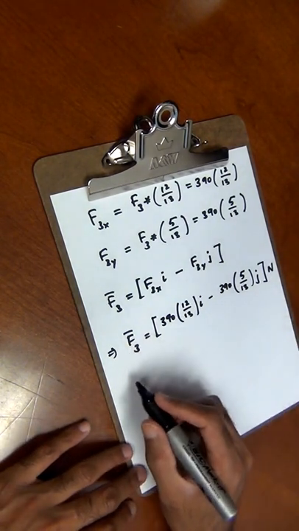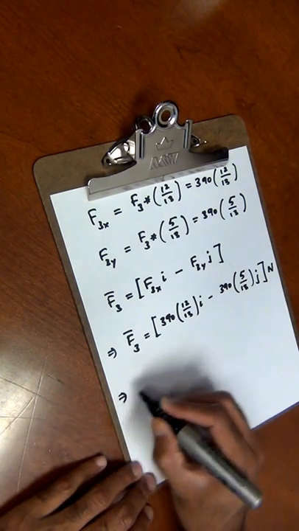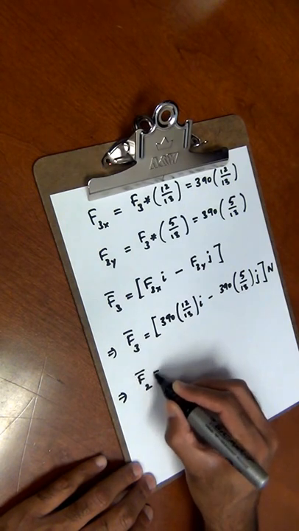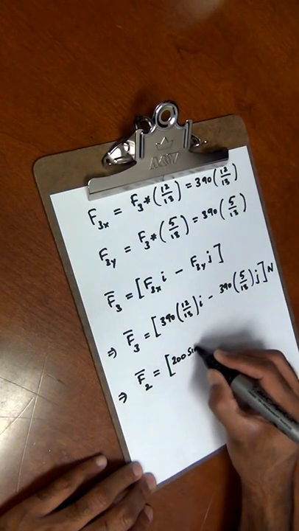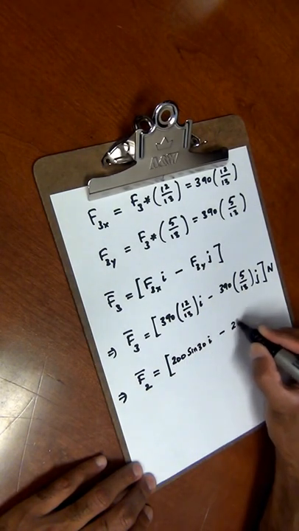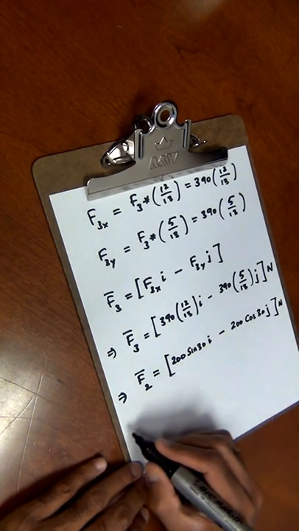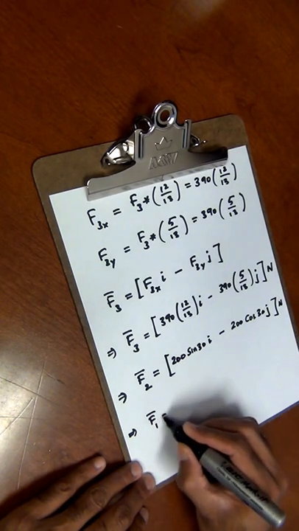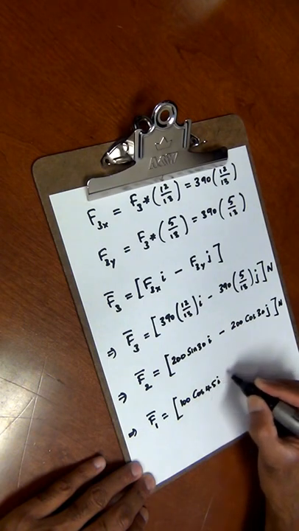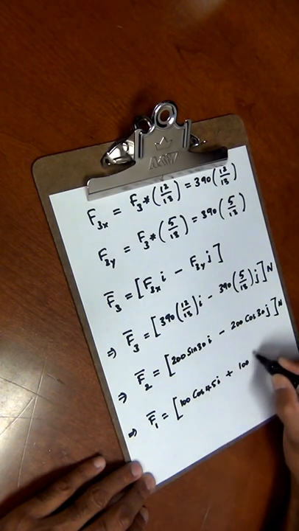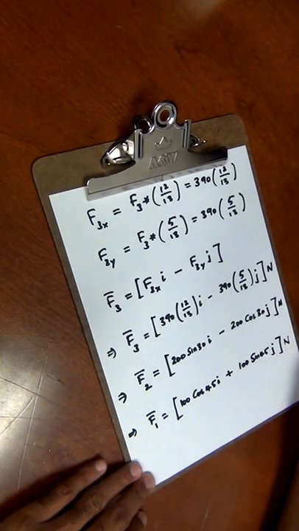And just to reiterate what we had for F1 and F2, I'm going to rewrite them here. F2 from before was the following. This was 200 sine 30 i minus 200 cosine 30 in the j, and F1 from one of our first calculations was 100 cosine 45 in the i and 100 sine 45 in the j, so many newtons.